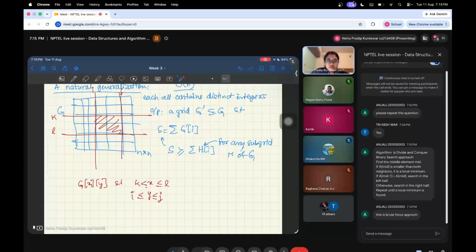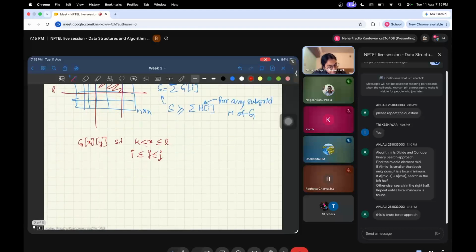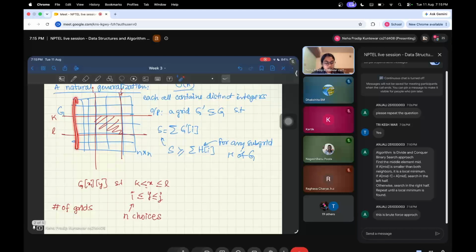So how many total possible grids are there? You have n choices for i, you have n choices for j. Similarly for k and l, you have n choices, because the number of rows and the number of columns is n. So how many total choices do we have for selecting a grid?